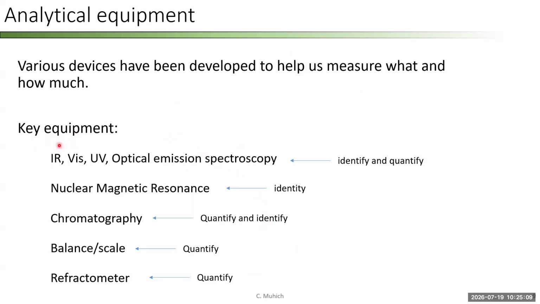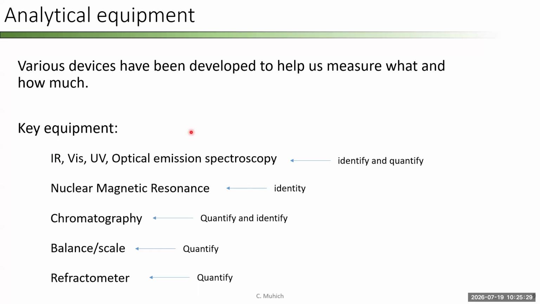I'm going to go over some central, generally used pieces of analytical equipment. This is not to be an analytical chemistry class, but more just an overview so you feel comfortable with these terminologies, some of which we'll use, some of which we won't use.